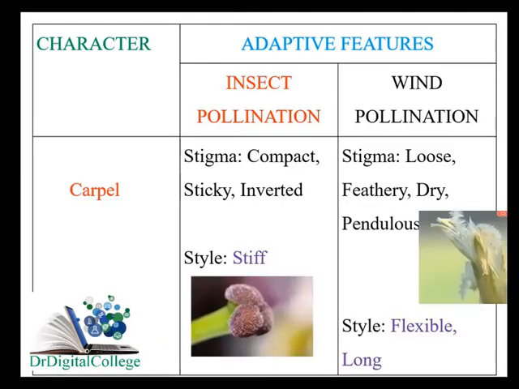Then next is the female reproductive part, that is the carpel. Okay. Now if you look at this, the female reproductive part or the carpel has a compact stigma, and the stigma is sticky and it is mostly inverted down.